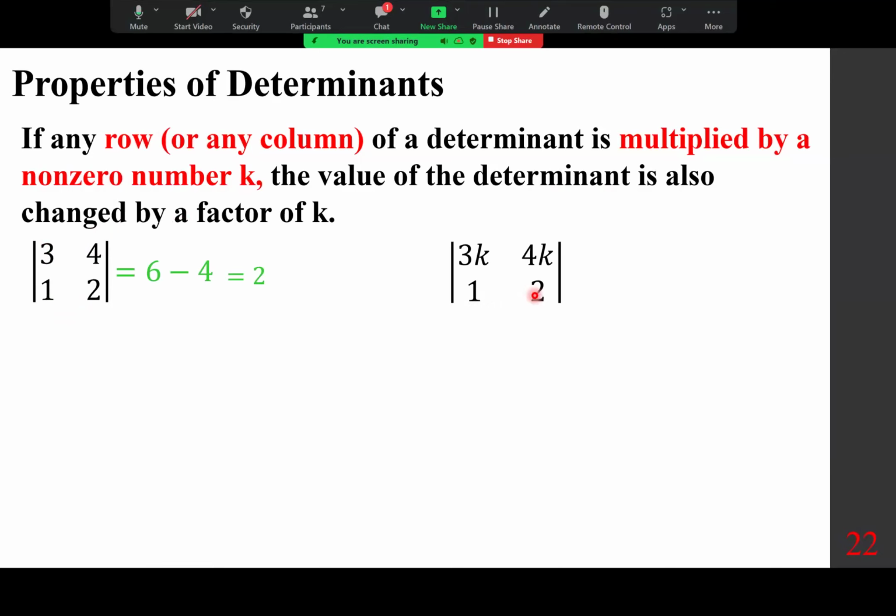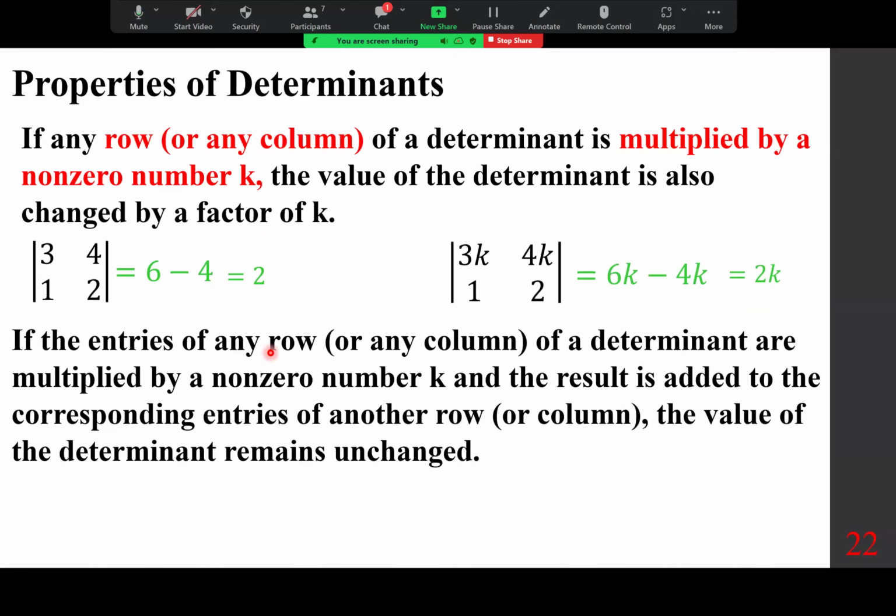So this is 3k times 2, 6k, minus 4k times 1, minus 4k, equals 2k. Because this is multiplied by k, the result is multiplied by k. Again, to speed up the process, if we knew this, we could do this by just looking at this and multiplying by k.